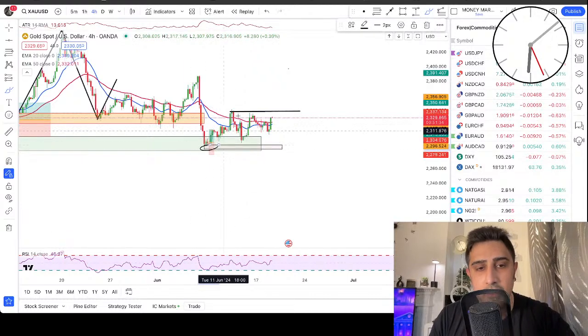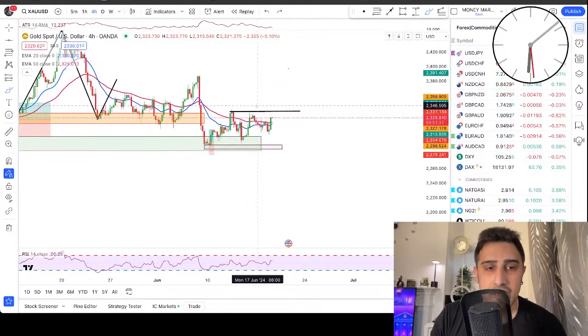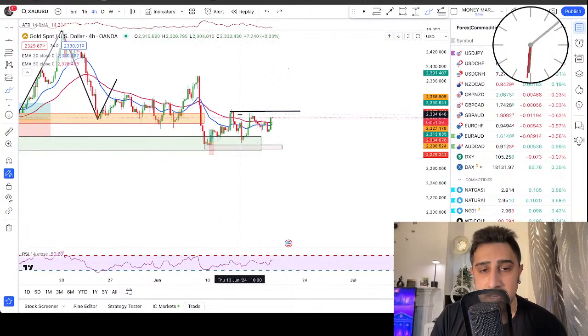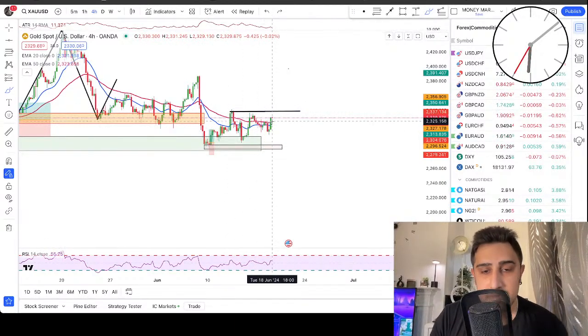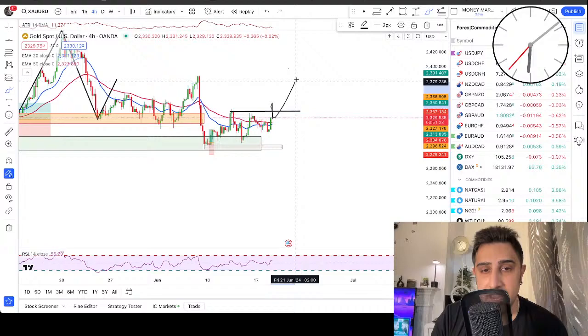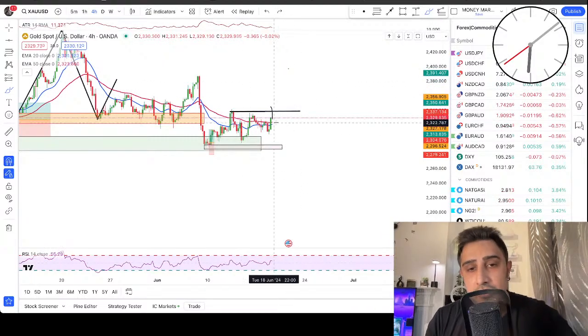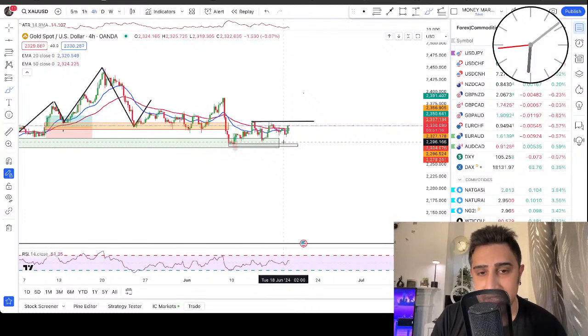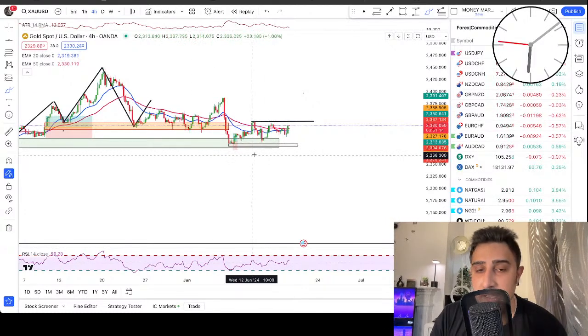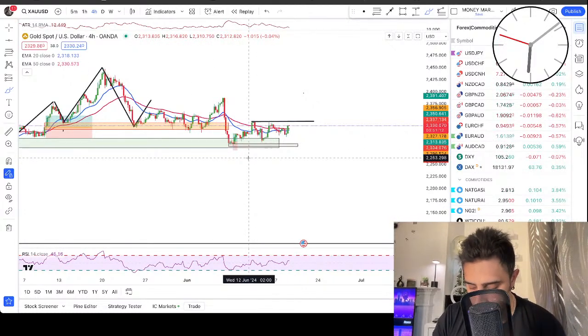Break below or break higher will be my confirmation. Looks like at this point we can still break high because we are above the 50 EMA. So there's a chance the price will break above, and if we have that, we are good to go to look for the long trades. So we are still ranging and not taking any trades. Sideways movement, still waiting for the confirmation of the trend up or below.